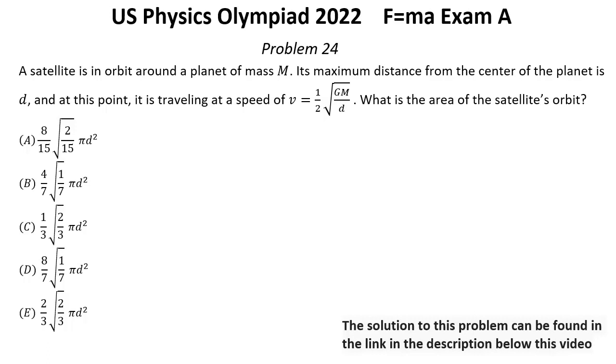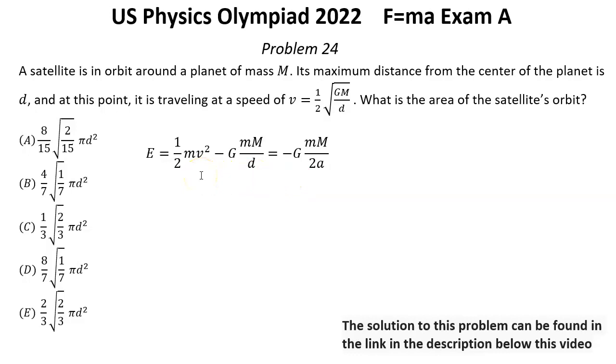So first let's find the total energy. At the furthest point, it equals kinetic energy 1/2 mv squared minus potential energy GMm over d, which is equal to negative GMm over 2a, where a is the semi-major axis.